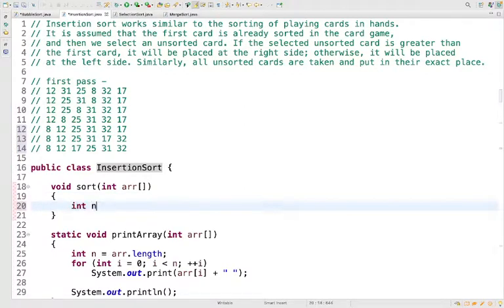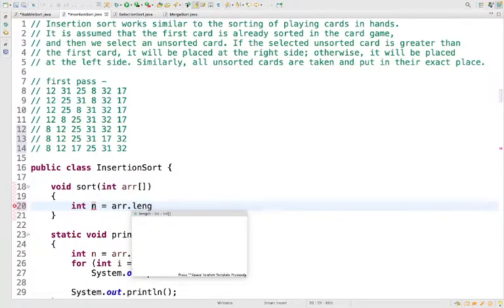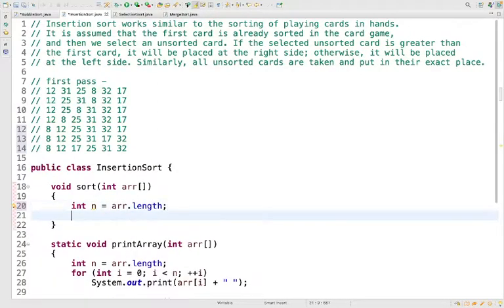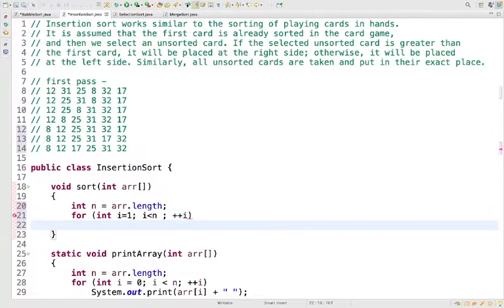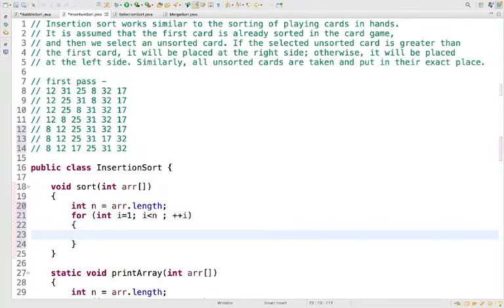So again, to implement it, we will find the length of the array. Then we'll write the outer loop, which will move through the elements from left to right, with i plus plus. Then we will take a key.